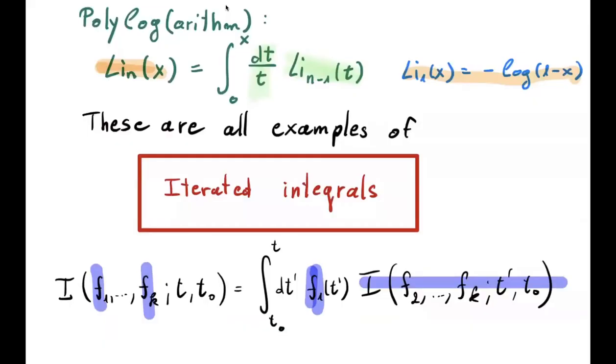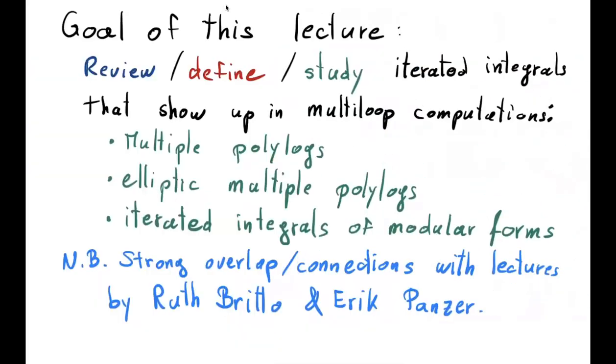So all of these functions that we've seen here are examples of iterated integrals. And the goal of this lecture, you can think of it as defining and studying some classes of iterated integrals that show up in multi-loop computations.